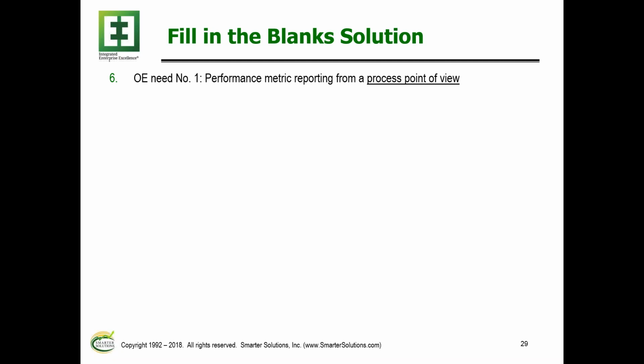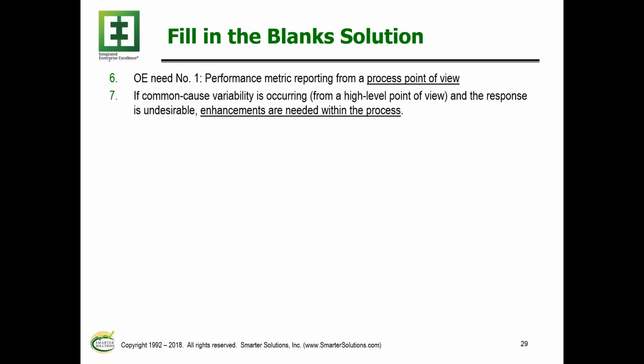Number six, the operational excellence need: definition, performance metric reporting from a process point of view. Seven, if common cause variability is occurring from a high level point of view and the response is undesirable, enhancements are needed within the process.